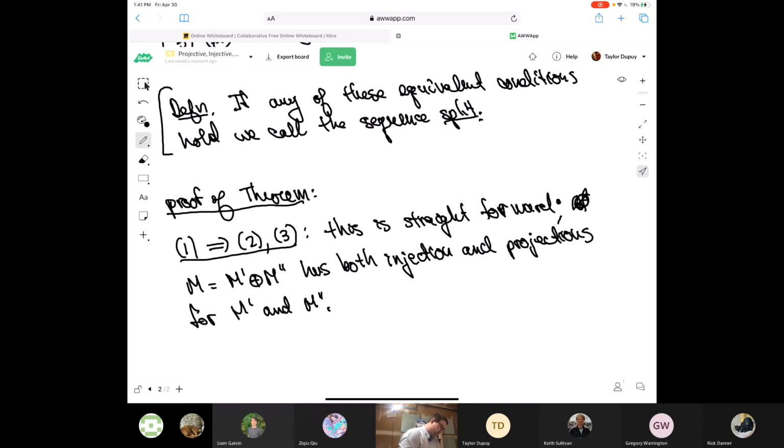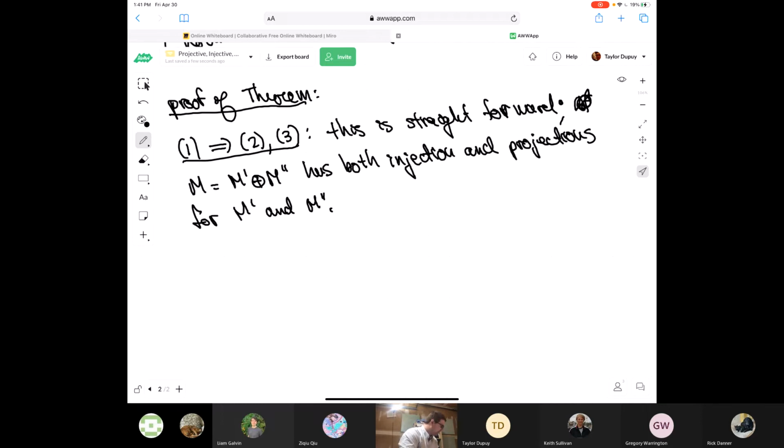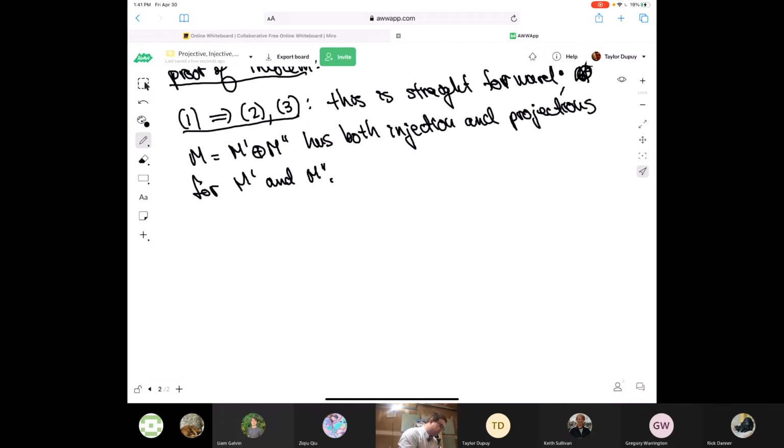Making the exact sequence out of this direct sum is easy. So making the left splittings and right splittings: if you include M prime, you can just project back down. Same thing goes with M prime prime: if you project, you can also just include it back. Okay, so let's do 2 implies 1.